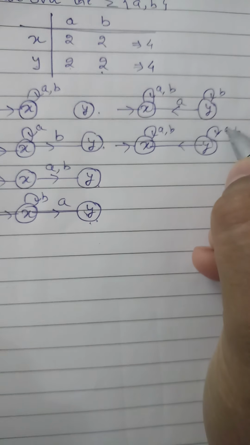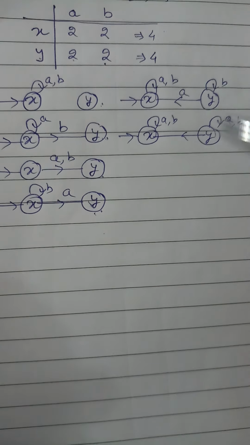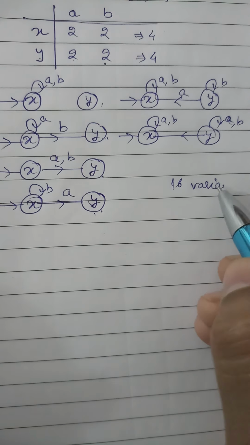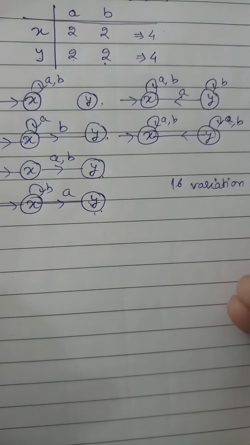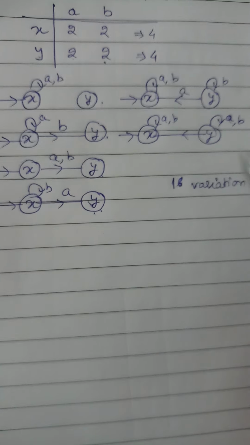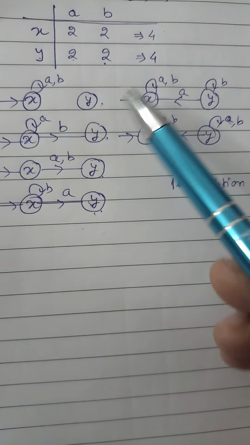So we can see clearly that there are four choices for x and for y. So 16 variations are possible. If y will change, every time y will change.